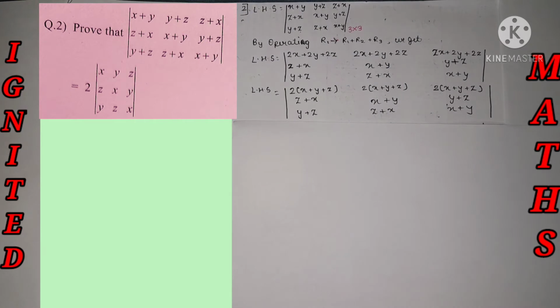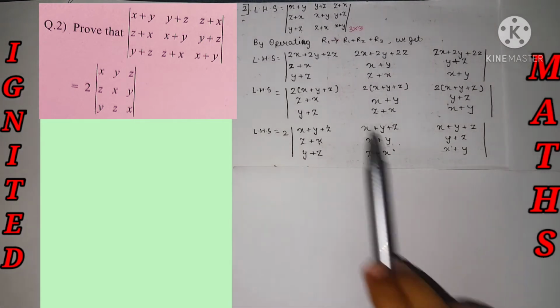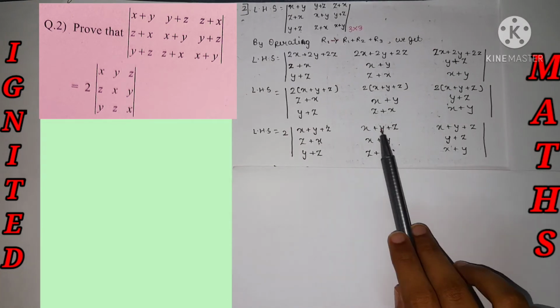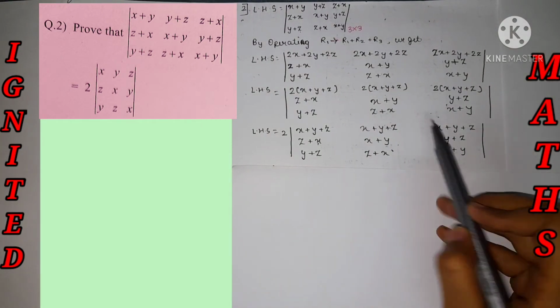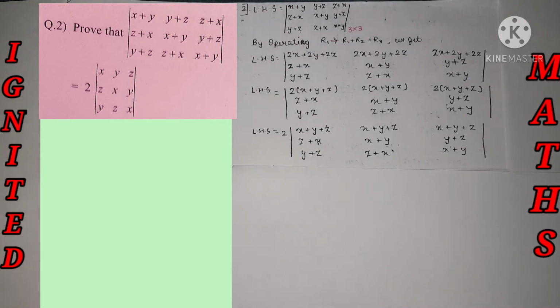We took it to the common side: 2 common, x plus y plus z, x plus y plus z and x plus y plus z. Now as we have planned, that is the trinomial term, subtract by the binomial term, and we will get the answer in monomial.